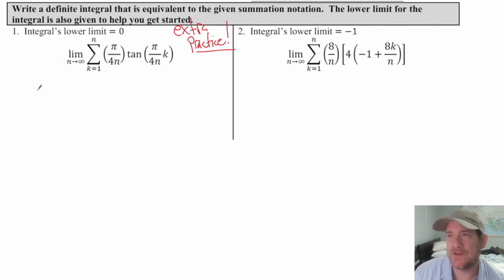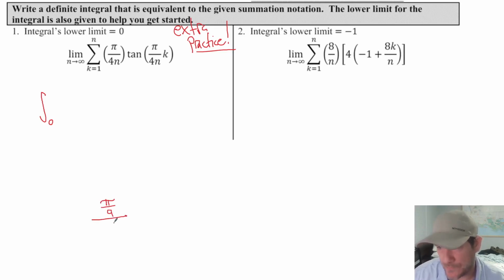It again says the integral's lower limit is 0, so we'll start at 0. Okay, so the pi over 4n might be throwing you a little bit, but pi over 4n, that's equivalent to pi over 4 over n, if you think about it.